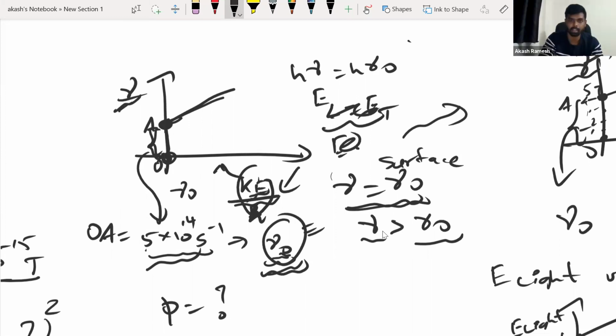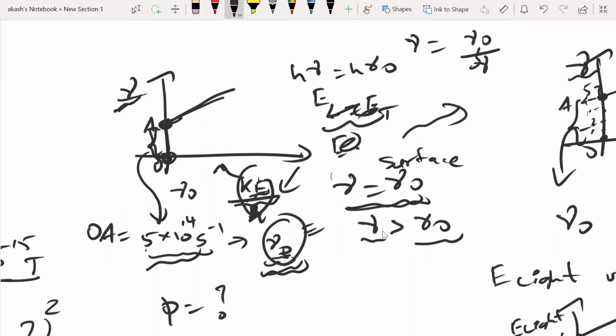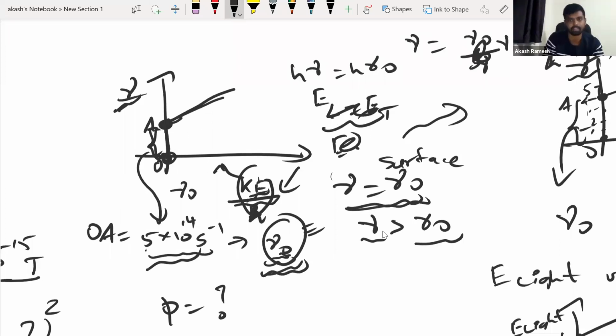Basically, you're telling frequency is equal to nu naught plus KE by h, right? Yes, sir. So if KE is 0, at the initial point, it's given that OA is 5 into 10 to the power 14.